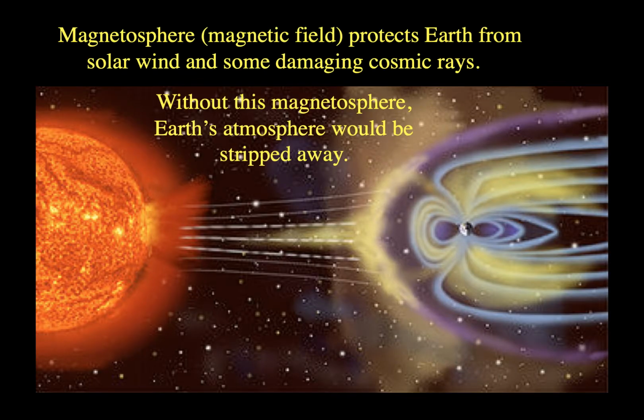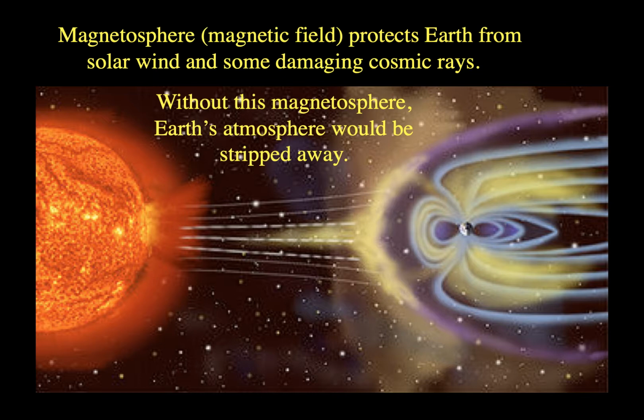Another aspect of the Earth that has made it possible for things to survive on the Earth is that the Earth has a molten core of iron that's spinning around that forms a magnetic field around the Earth.